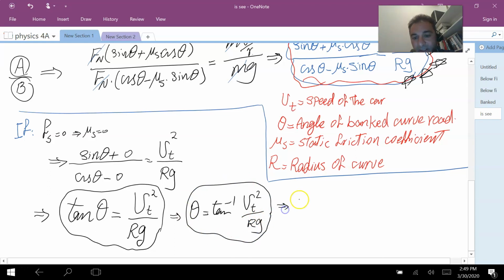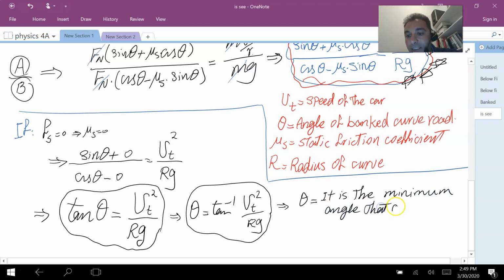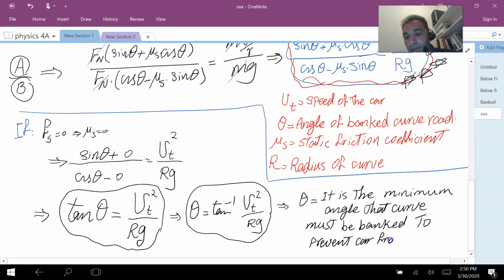Do you know what this theta is? This theta is the minimum angle, pay attention, that the curve must be banked to prevent your car from sliding out.